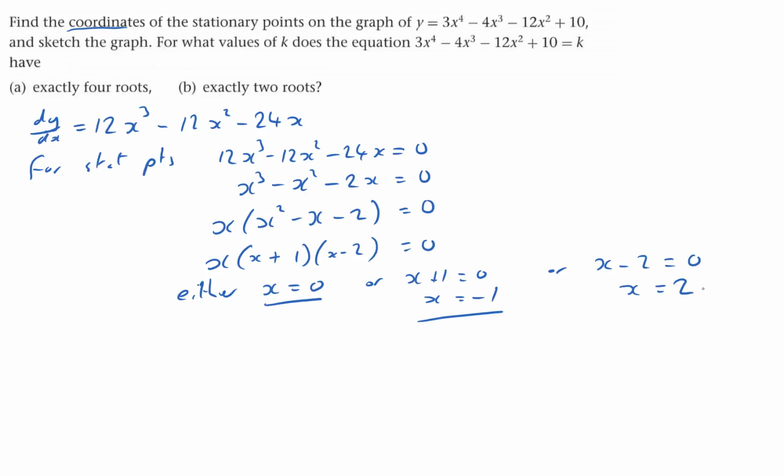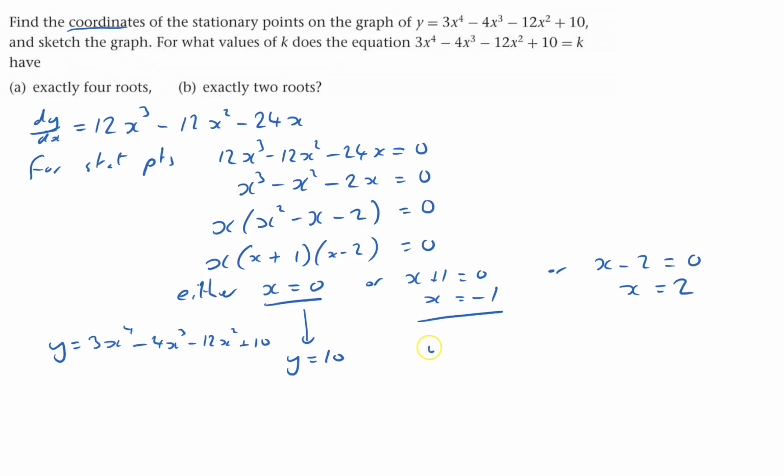But that's not good enough, because I actually want to know what y is. And so y equals 3x to the power 4 minus 4x cubed minus 12x squared plus 10. So that's my expression. When x equals 0, y equals 10.